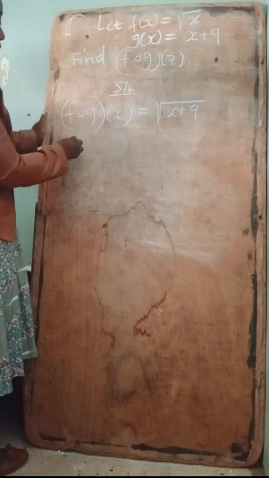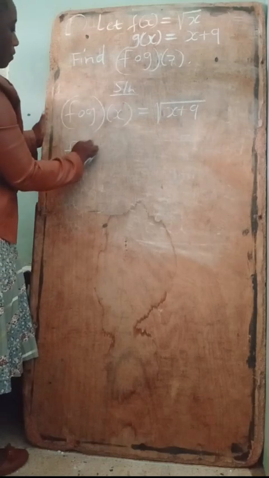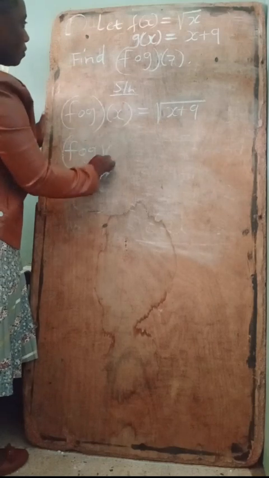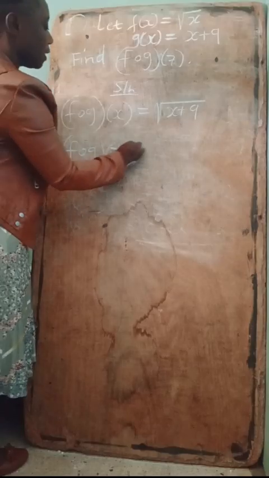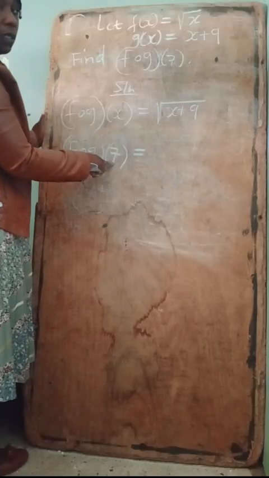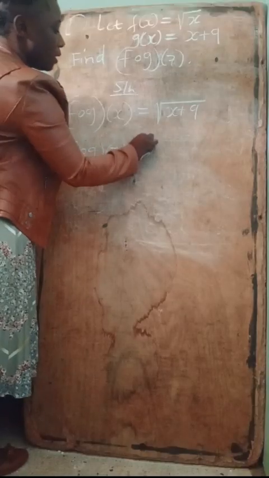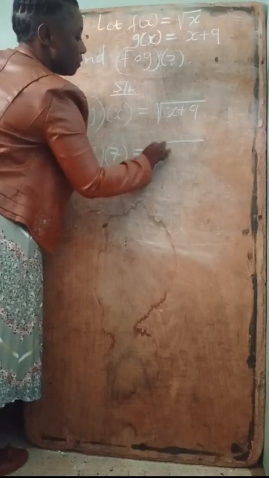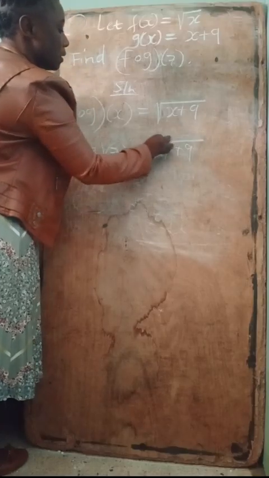Then from there we are saying f of g of 7. This will give us, where there is x now, we are putting what? A 7. So it will give us the root of 7 plus 9.